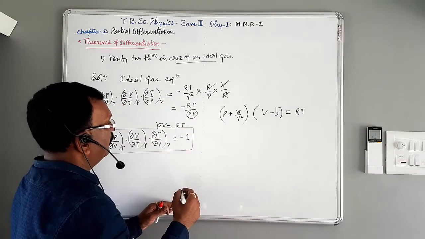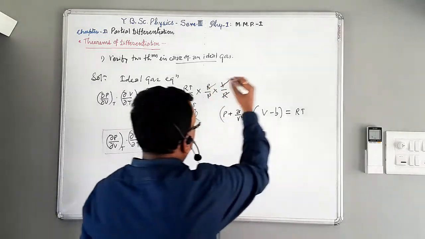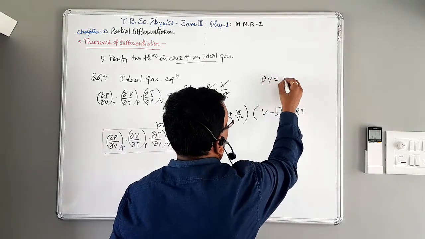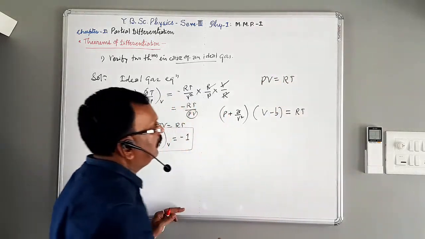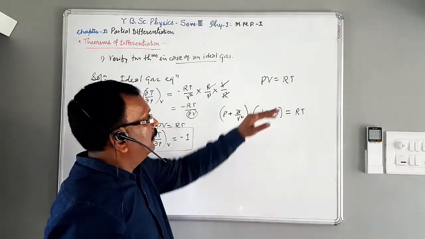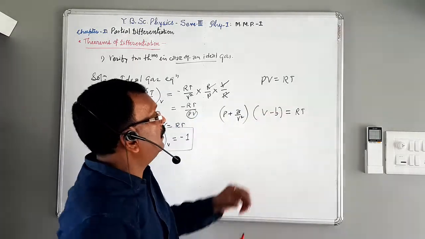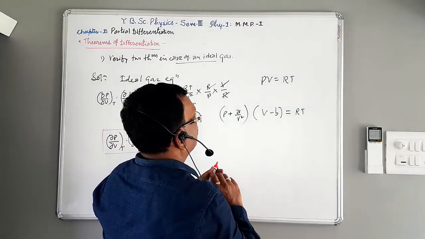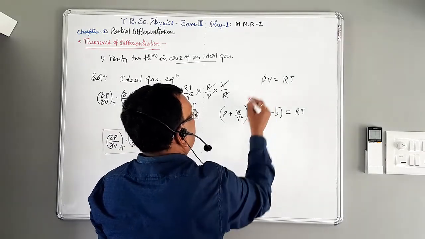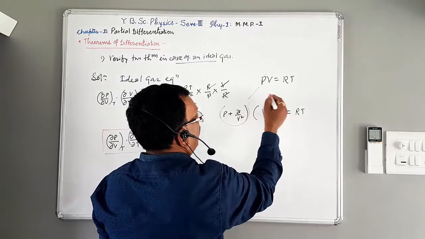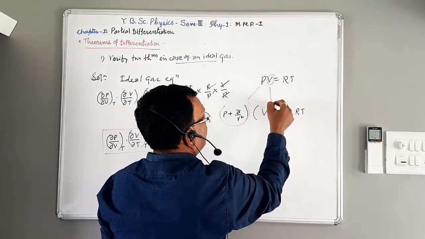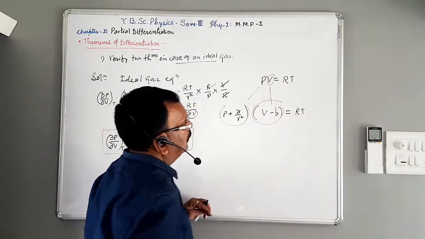If we compare the perfect or ideal gas equation PV is equal to RT with the Van der Waals equation, in the ideal gas equation we replace P by this modified term and we replace V by this modified term.